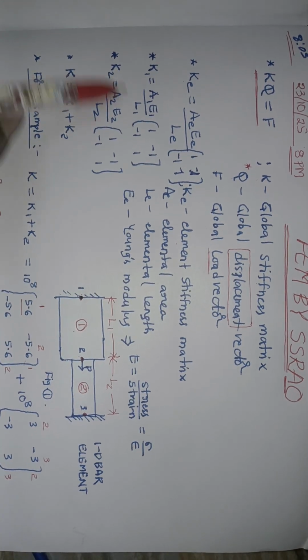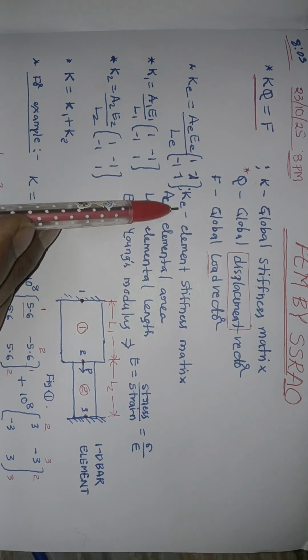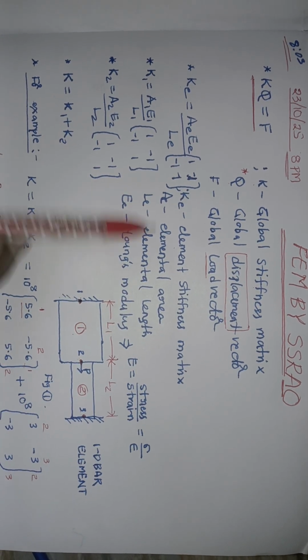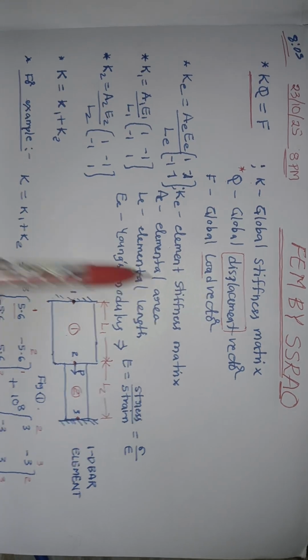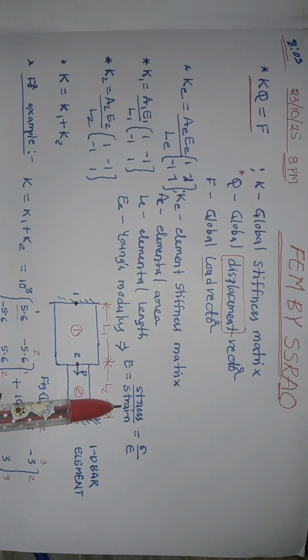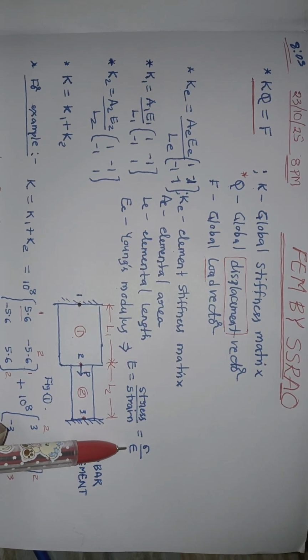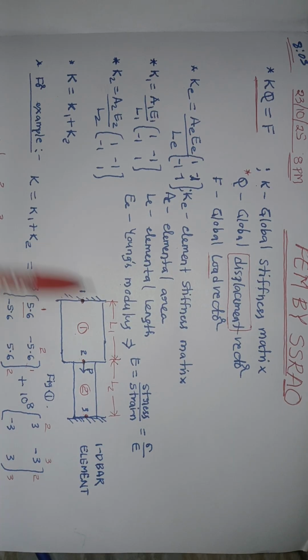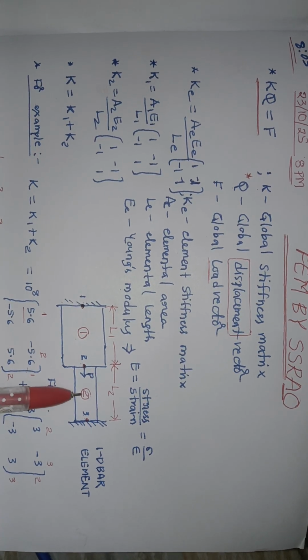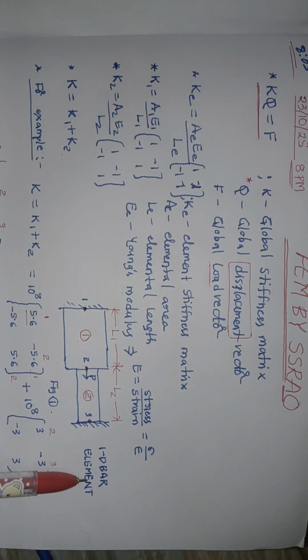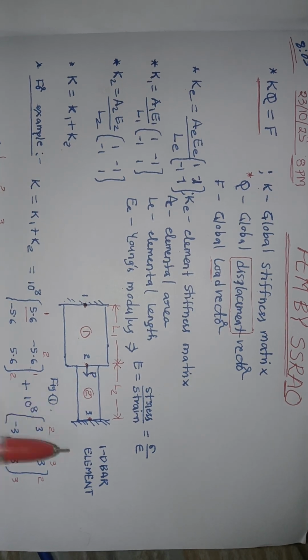Like that we can take this elemental formula, where k is the element stiffness matrix, A is the elemental area, L is the length, and E is Young's modulus. As you know, Young's modulus is stress by strain, sigma by epsilon. Here you can use any notation. Here there are two elements, so you can write K = k1 + k2. If one more element is there, you can add k3, k4 like that.